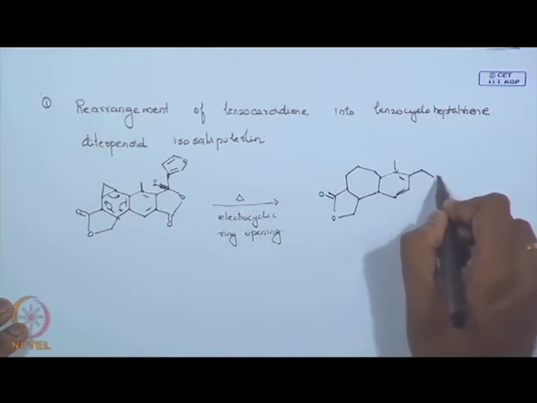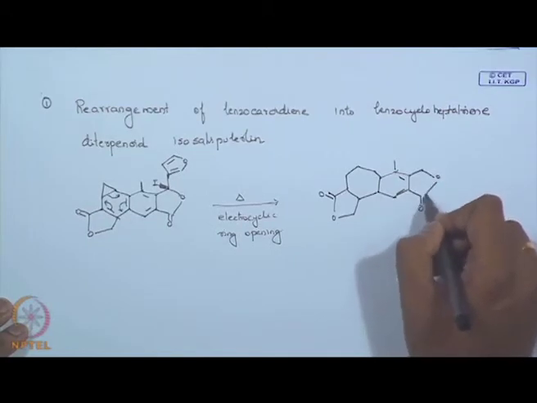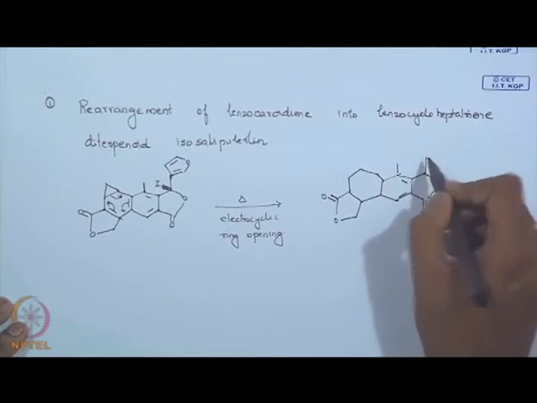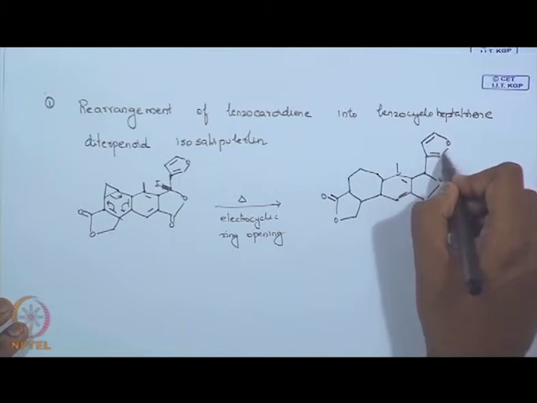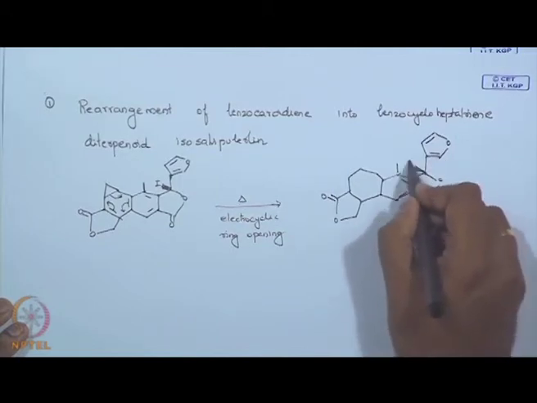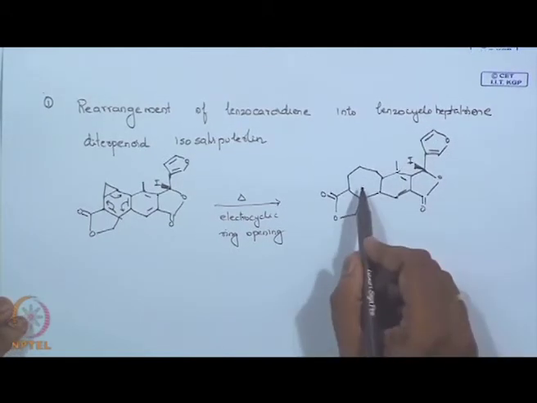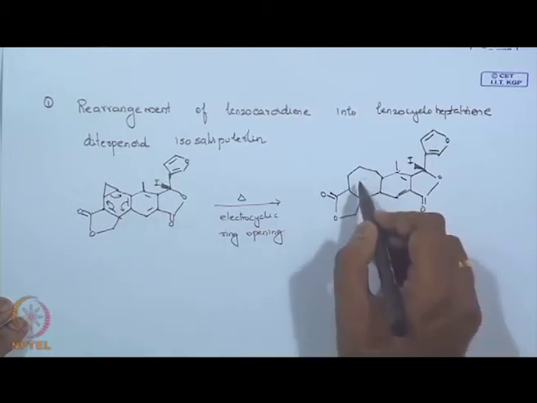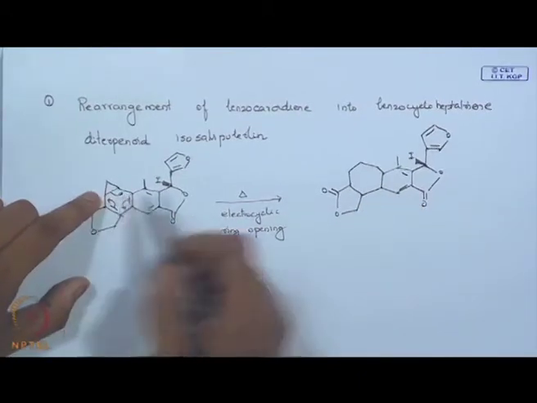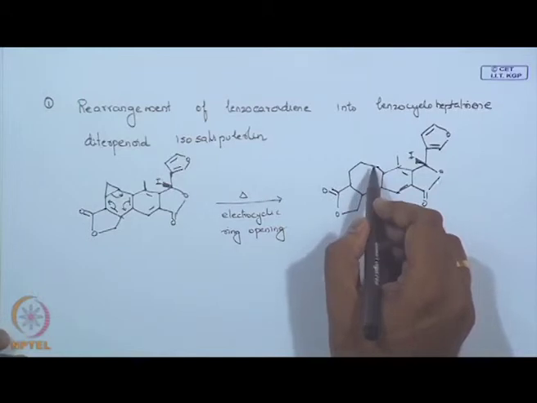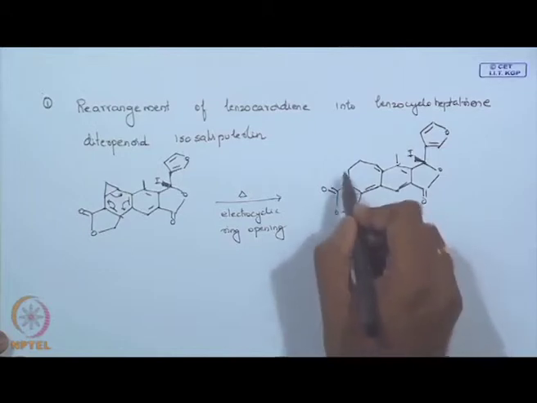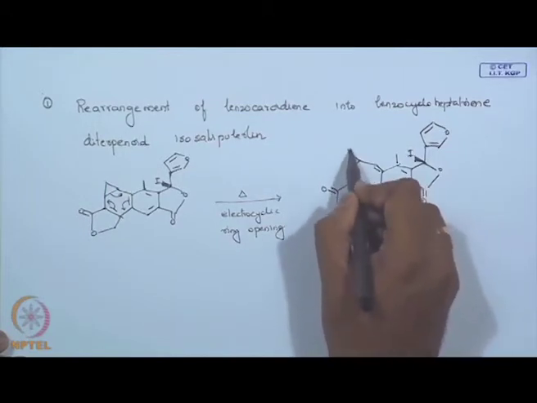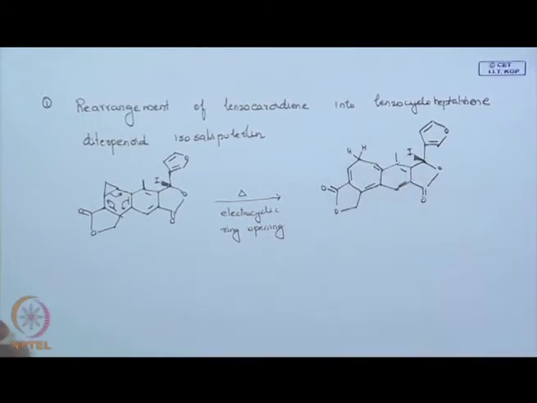This will be exactly the same, nothing will happen here. So you will add here. Okay, now what happened here? Where you had the double bond, you have moved it across. So you have a double bond here, a double bond here, and a double bond here. You have 2 hydrogens here. Clear? So you got this product.